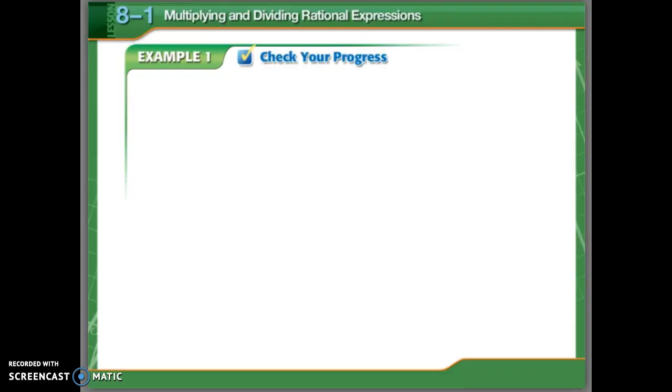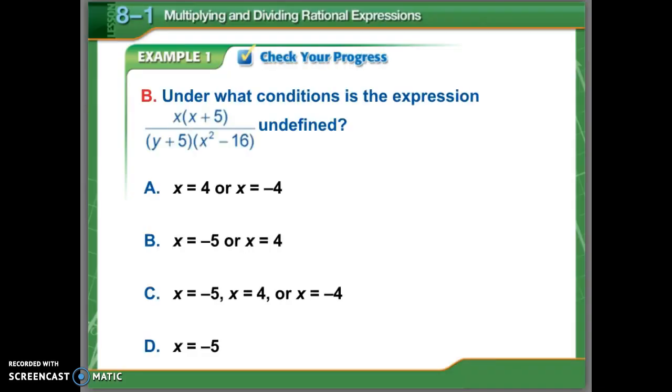Going on to part B now, we're going to find what conditions make this expression undefined. I'm pretty sure this has got to be a typo. This should say x plus 5, not y plus 5. Let me try to write over that real quick. I don't know why the book messed up, but that should definitely be an x.